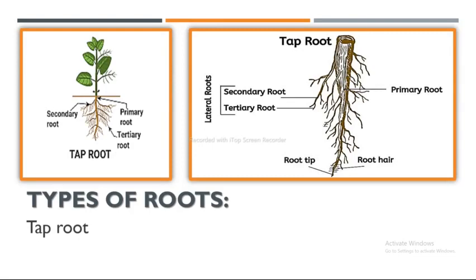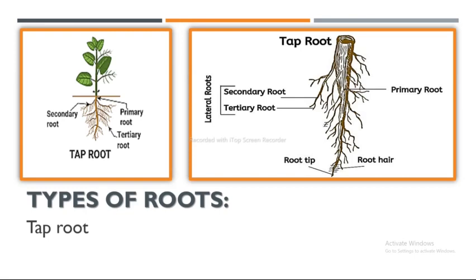Types of the root, taproot. In both these figures you can clearly see the taproot. The main root of the plant, the true root of the plant, is known as the primary root. The primary root branches off to produce secondary roots, and secondary roots in turn branch off to produce tertiary roots.